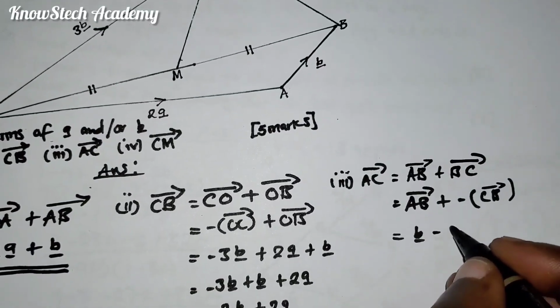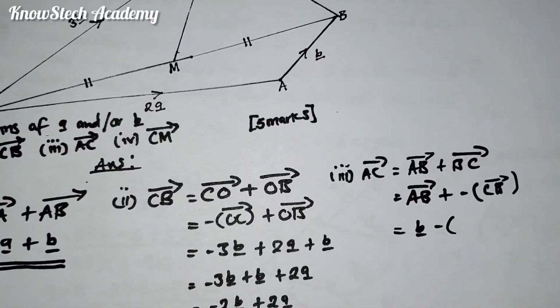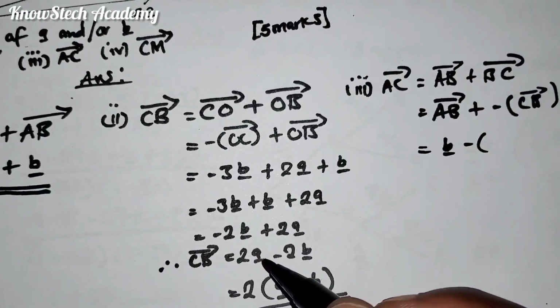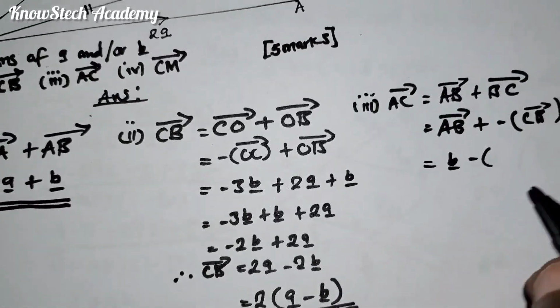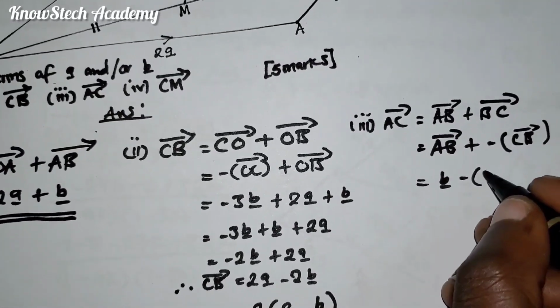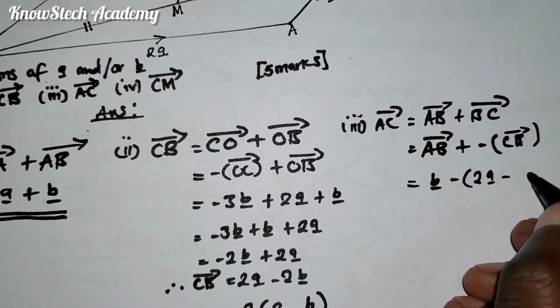CB, we're going to substitute with the expanded one, not the factorized one. So we're going to say 2 vector A minus 2 vector B.